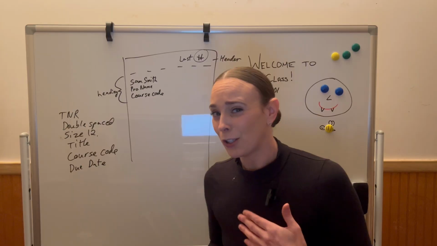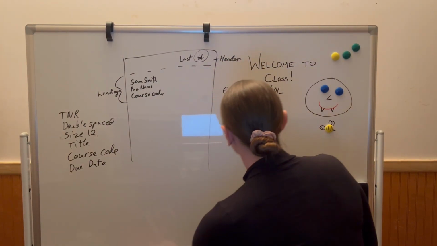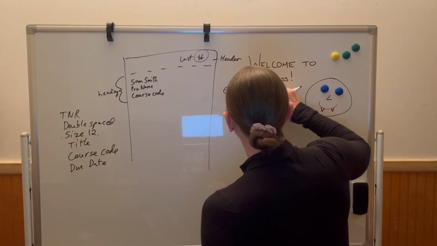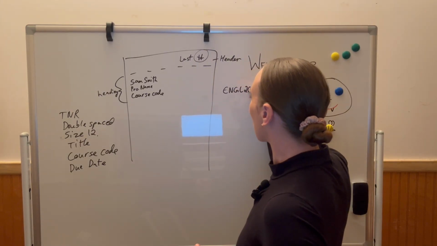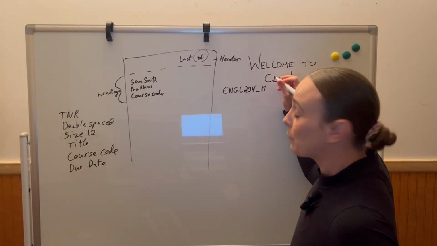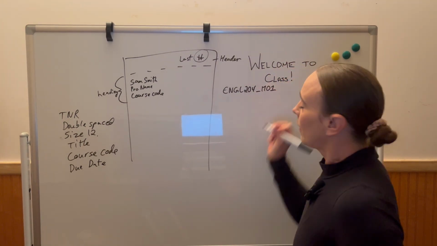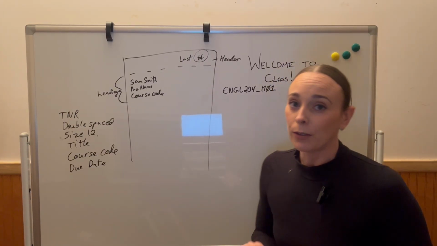But you also want to include the section number as well. So that might be English 204, for example. And then you want underscore and then the course code, which would be M01. A lot of teachers will say M01, but that's actually a 0.